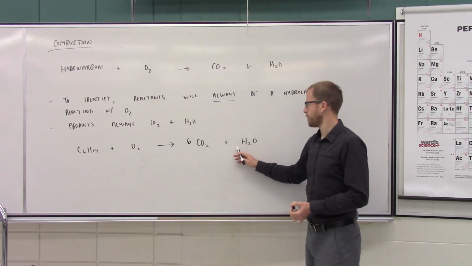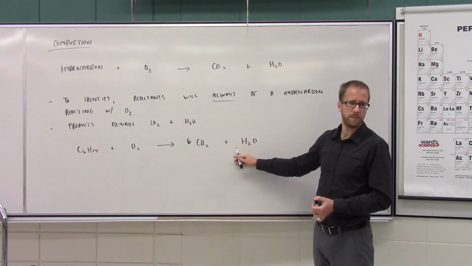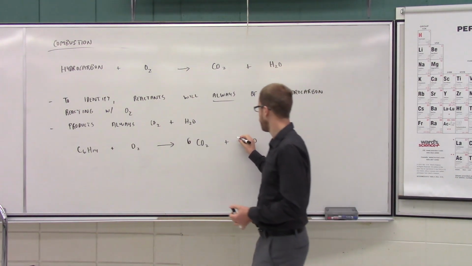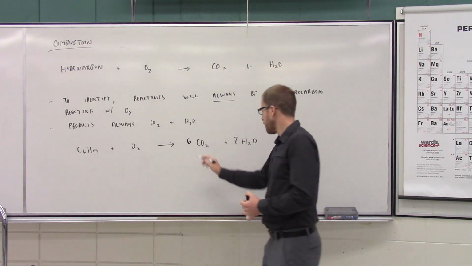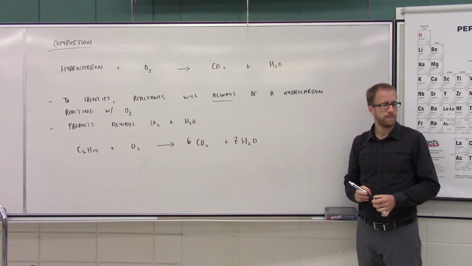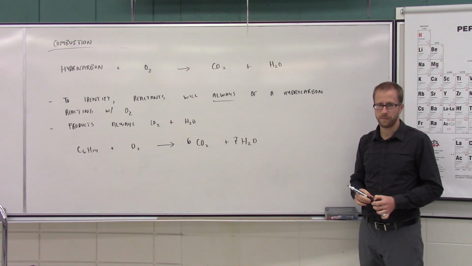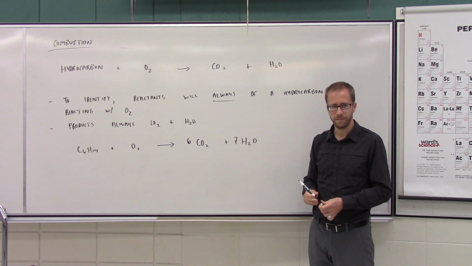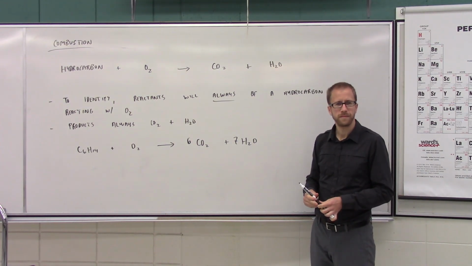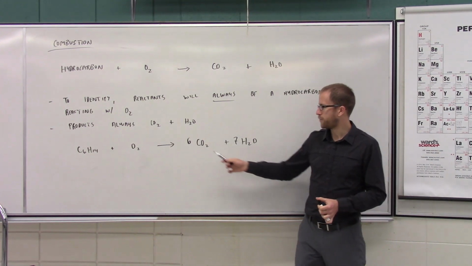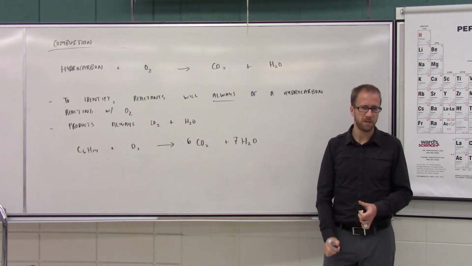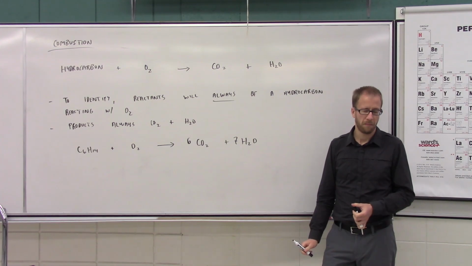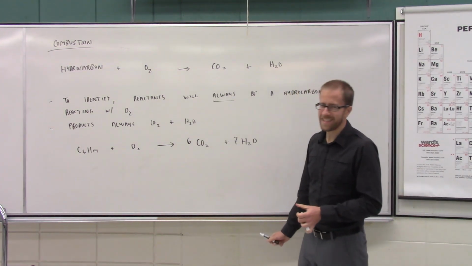What about right here for my hydrogens? 7. How many oxygens do I have on this side? No, I do not have 7. How many oxygens do I have on the product side? We have 12 plus 7, which is 19. There we go. 19.